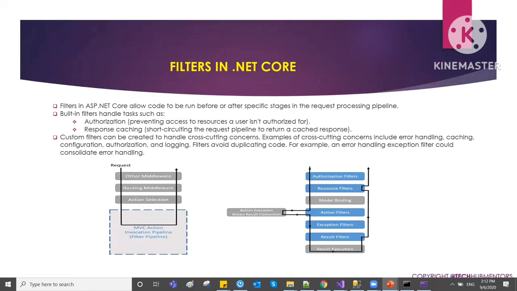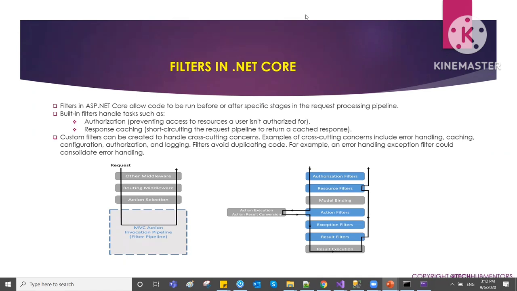So comes up the filters concept. I hope you have used the filters concept, so I'll just give you a glimpse. Filters are basically something that allows your code to run before or after specific stages in the request processing pipeline.